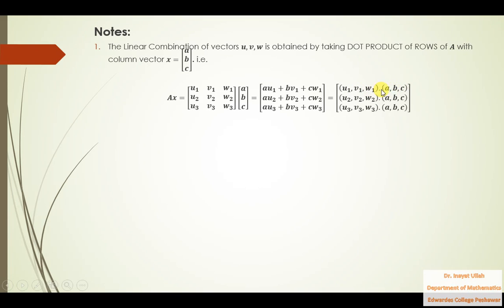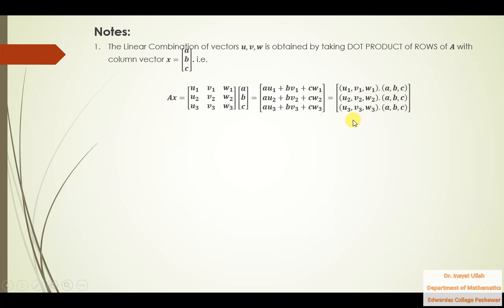The sum of the product of the corresponding entries: au1 plus bv1 plus cw1. That is the same thing. Similarly, the dot product of these two is au2 plus bv2 plus cw2.